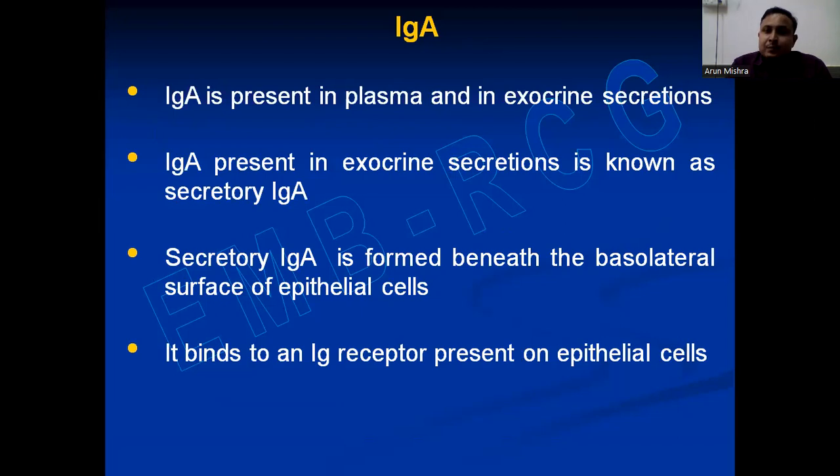IgA is present in plasma and in exocrine secretions. IgA present in exocrine secretions is known as secretory IgA. Secretory IgA is formed beneath the basolateral surface of the epithelial cell. It binds to an Ig receptor present on epithelial cells.